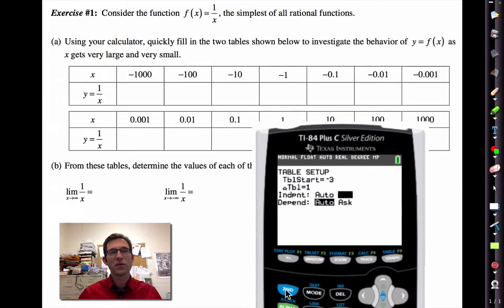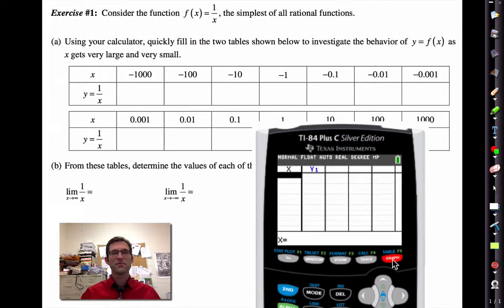So let's go into the table and see what it looks like. Look at that. It's a blank table. There's nothing there. What it's waiting for is for me to give it an x value. So I'm going to give it the x value, negative 1,000. Enter. And there's my y value, negative 0.001.